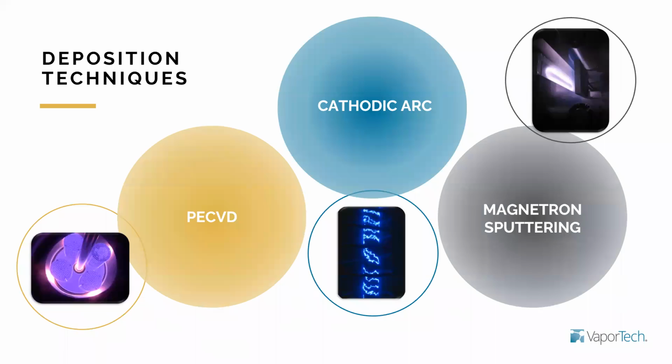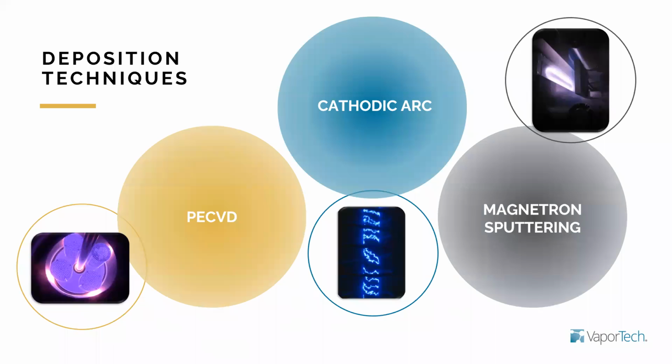In the case of magnetron sputtering, you can use a wider range of metals and even ceramics and semiconductor materials. It's just that this is a process that's a little bit slower. It has a slightly lower deposition rate, but also it requires additional energy to create the coatings that you want.